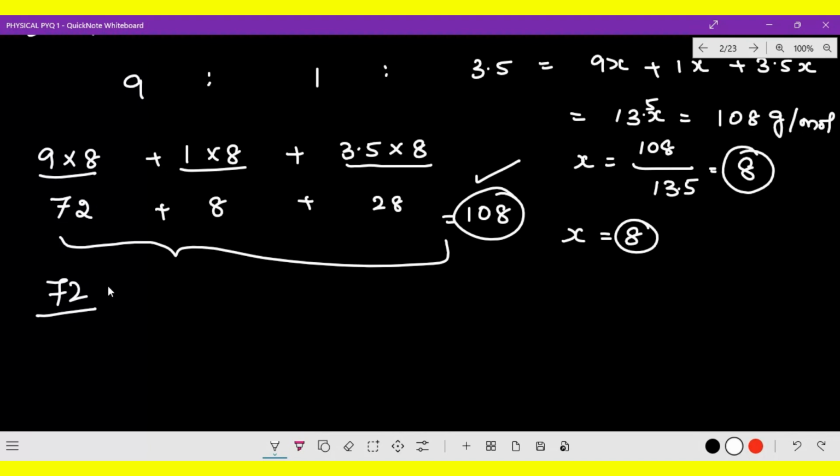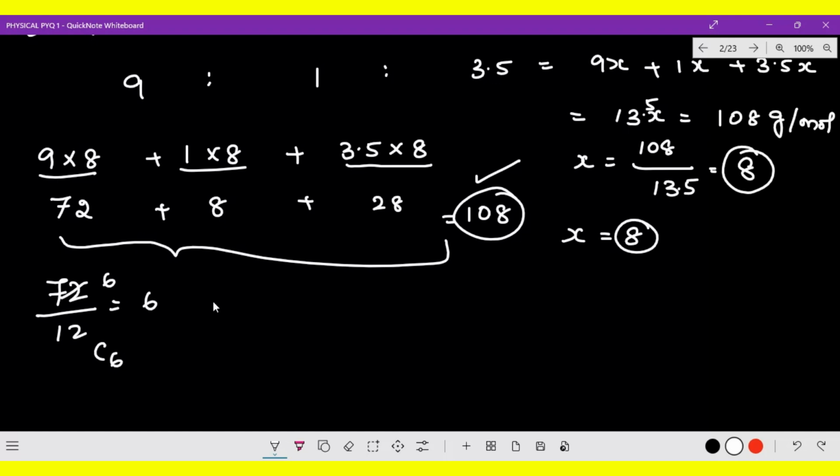Atomic mass of carbon is 12. 12 sixes are 72, so you will get carbon 6, right?